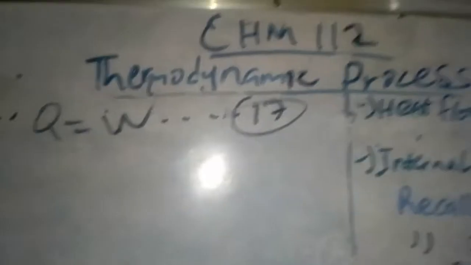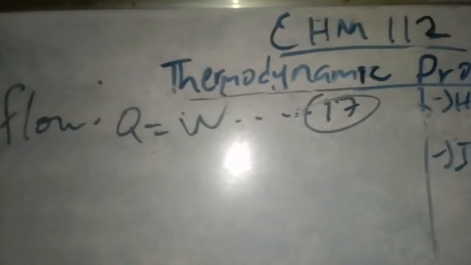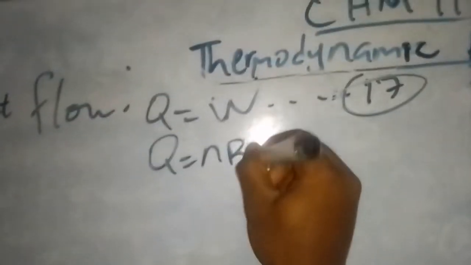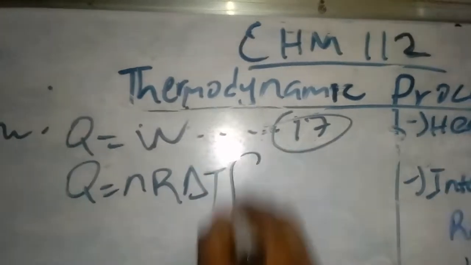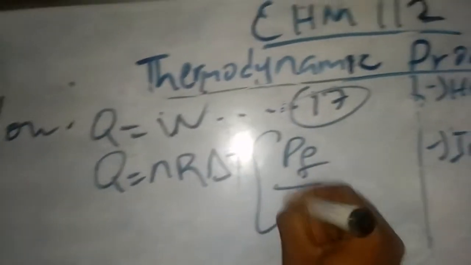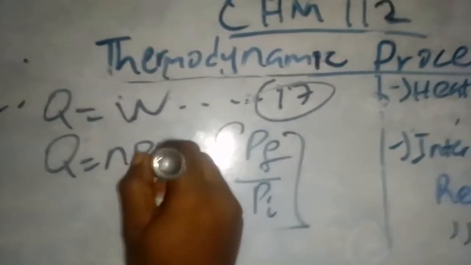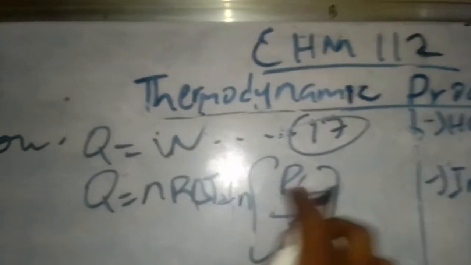Then Q is still nRT or n delta T, depending on the question, natural logarithm of the final pressure over the initial pressure.